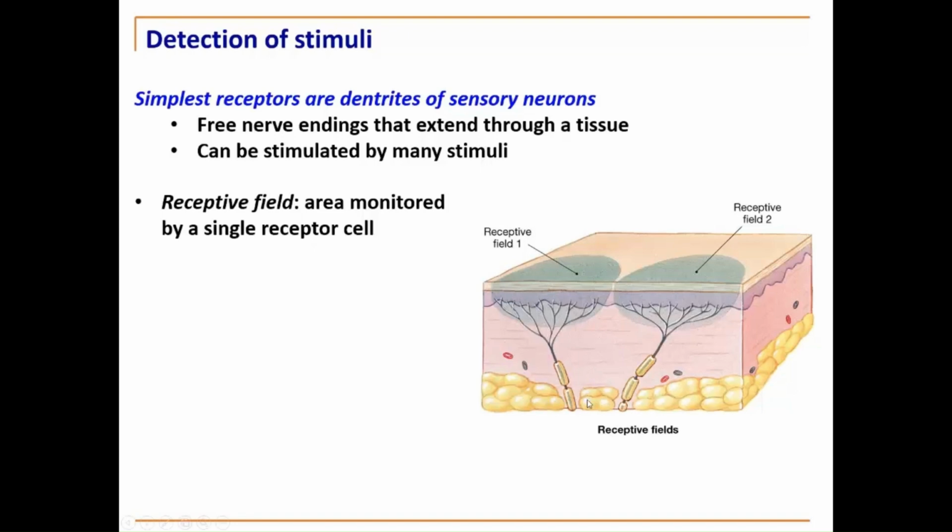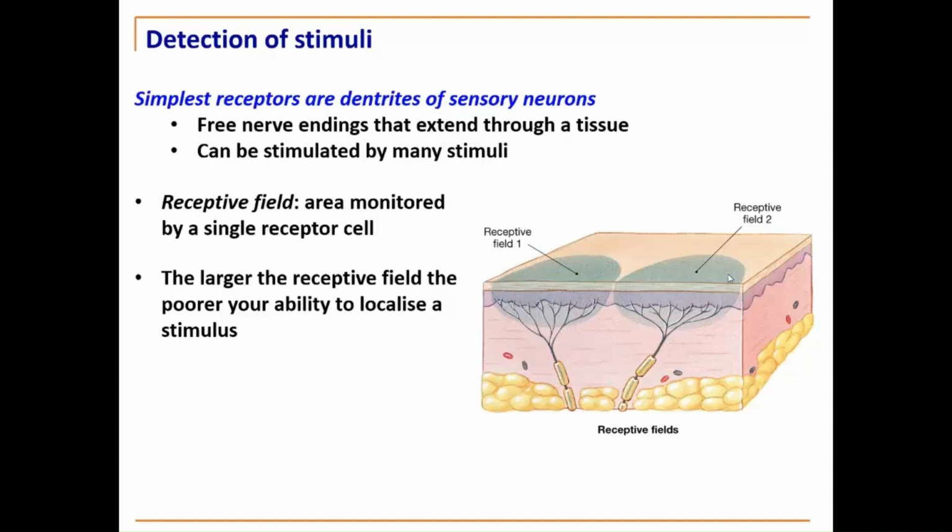So if we have a look at these 2 neurons, they're little sensory dendrites coming out. Here's the receptive field of the first one, and here is the receptive field of the second. Let's call it a nociceptor for the sake of argument, but it could be a touch receptor, it could be anything. The larger the receptive field, the poorer your ability to localize a stimulus. For example, some of the touch receptors on the skin have a receptive field of about 7 centimeters.